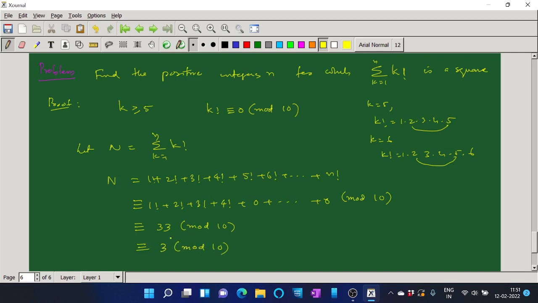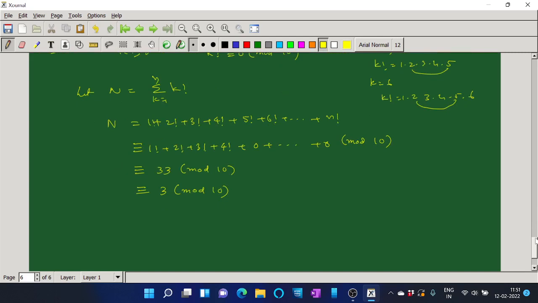That means this n, when it is divided by 10, you are getting the remainder 3. Which shows that the digit in the unit place is 3.